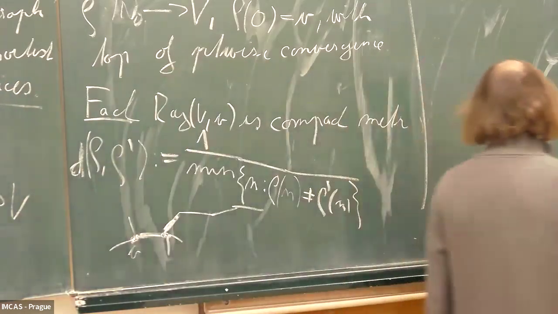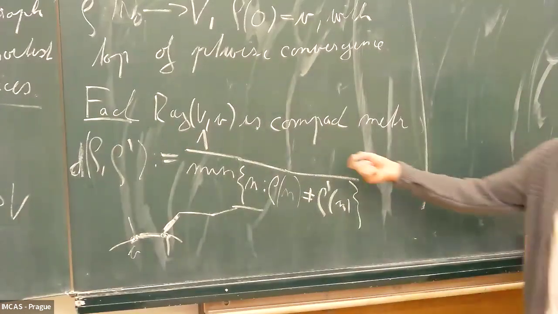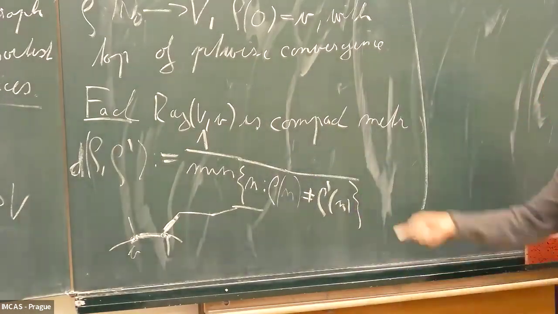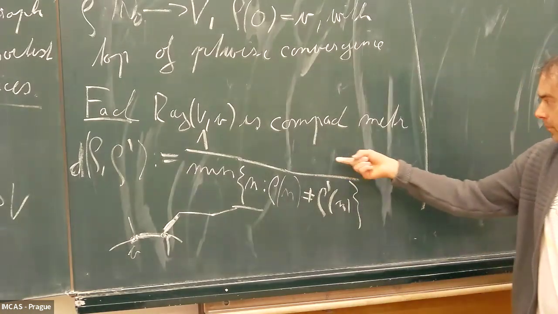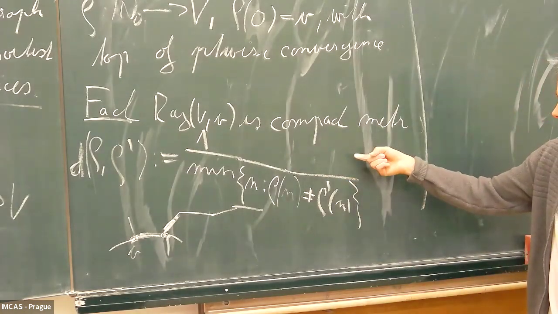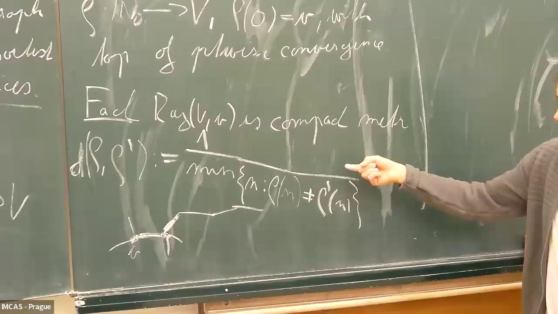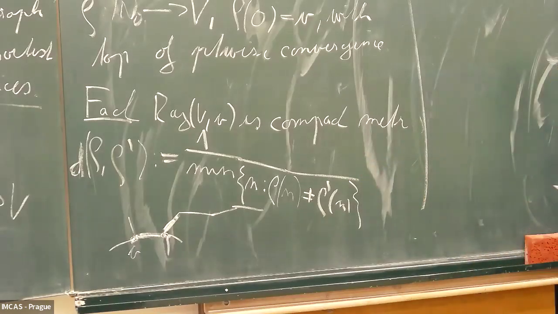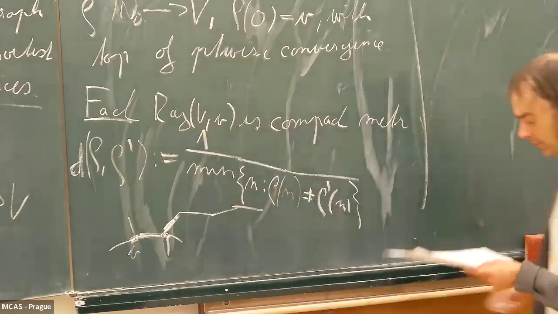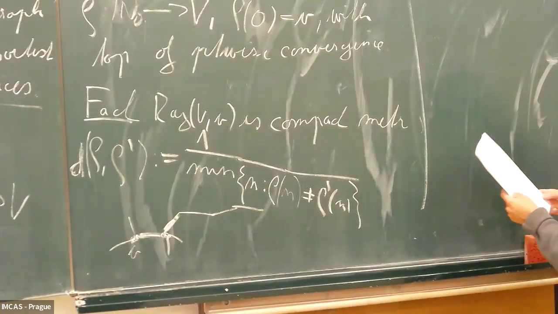Okay, but this is one space, and this is not yet the boundary. This space is always zero dimensional, so we need to take some quotient of it.